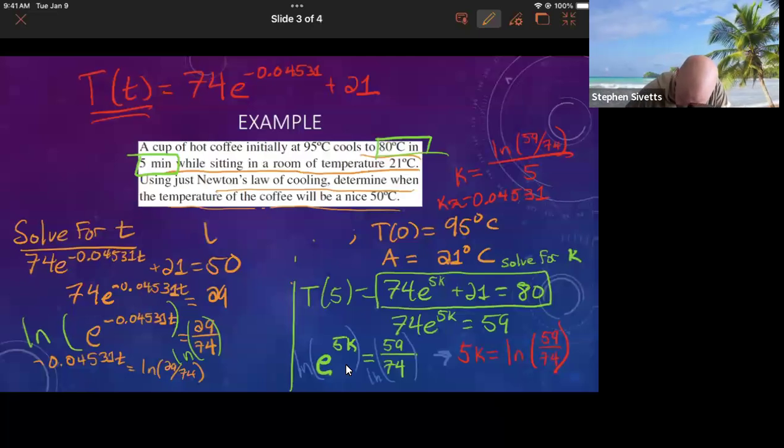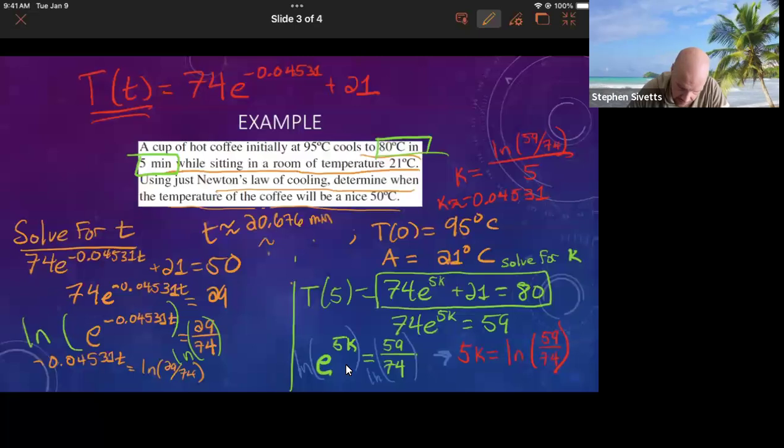And so t is approximately ln of 29 over 74 divided by K, so about 20.676 minutes.